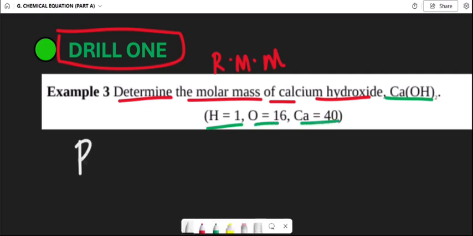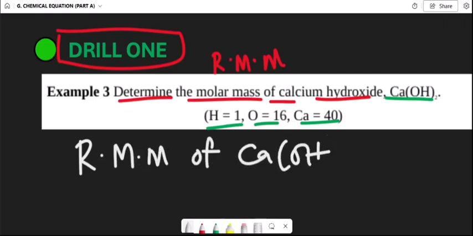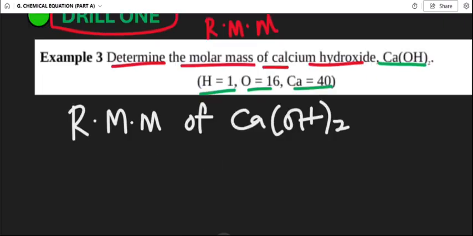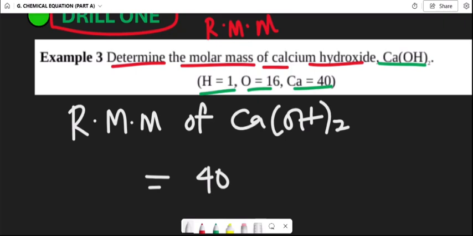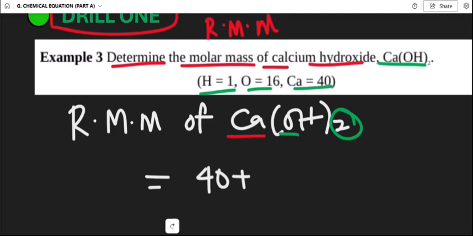For this case, the RMM of calcium hydroxide can be written as: calcium is 40. Like I told you, you have to determine the relative atomic mass of calcium. Then oxygen here is 16, but we have 2, so that means 16 multiplied by 2.